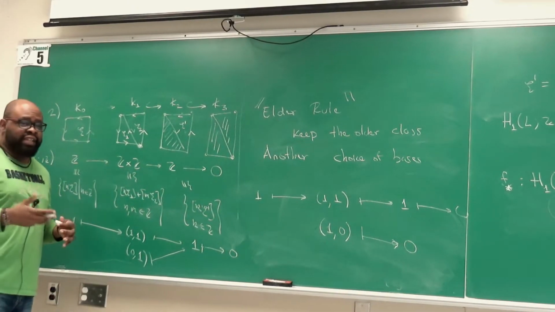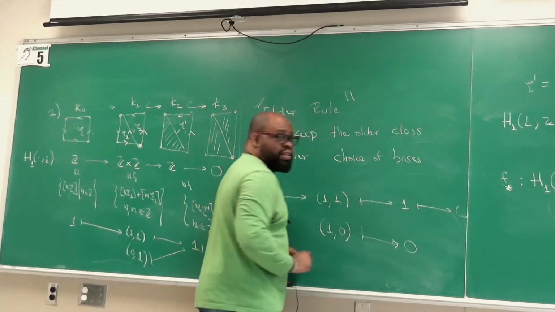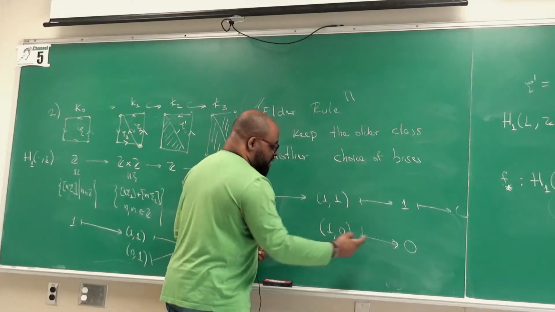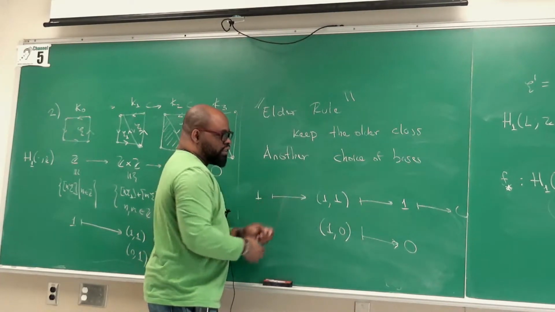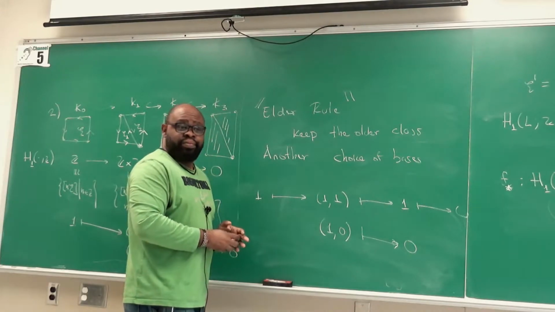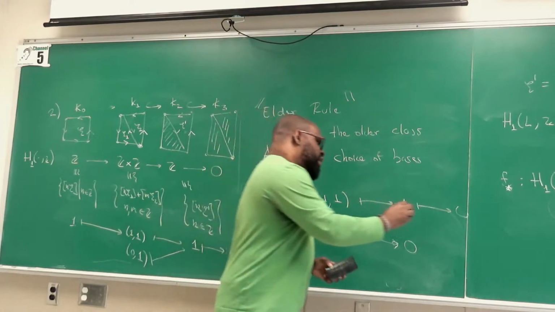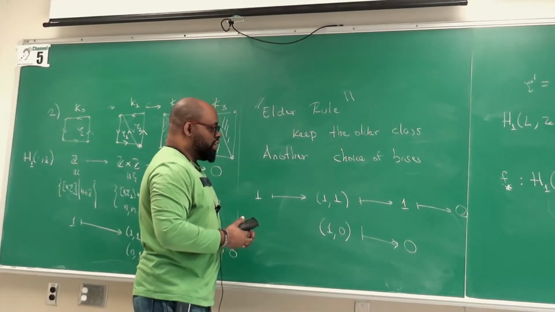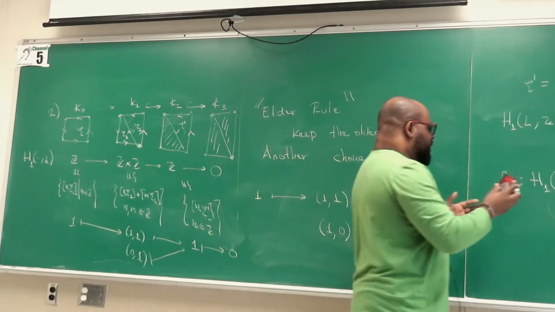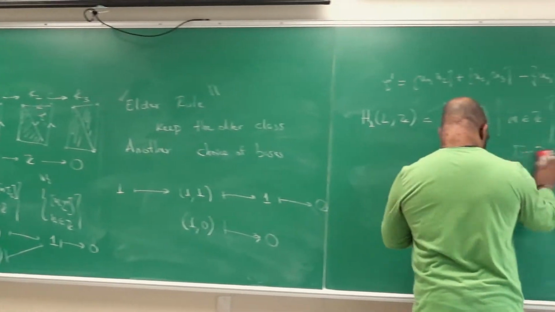So in that sense, we kept the older class and killed the younger one, and we did that by an appropriate choice of bases. This is the key idea of persistence, at least in my head, and I'll say it here, and we'll keep repeating it as we move forward.